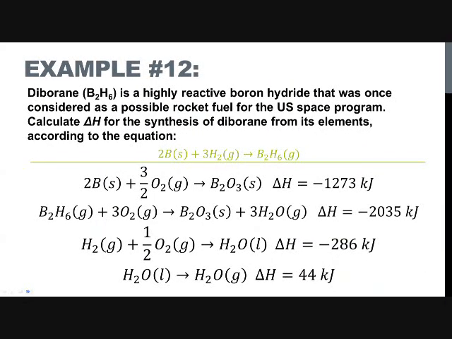So diborane, which is B2H6, is a highly reactive boron hydride that was once considered as a possible rocket fuel for the U.S. space program. We want to calculate the delta H for the synthesis of diborane from its elements, according to that equation.